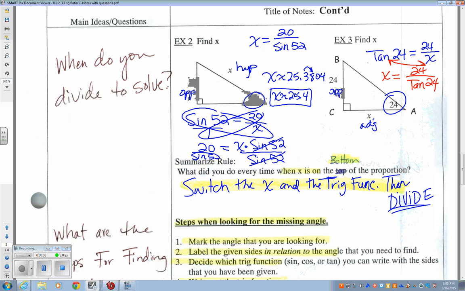I fixed that, it's a typo. Switch the two, and then just divide when x is on the bottom. Are we good on that?